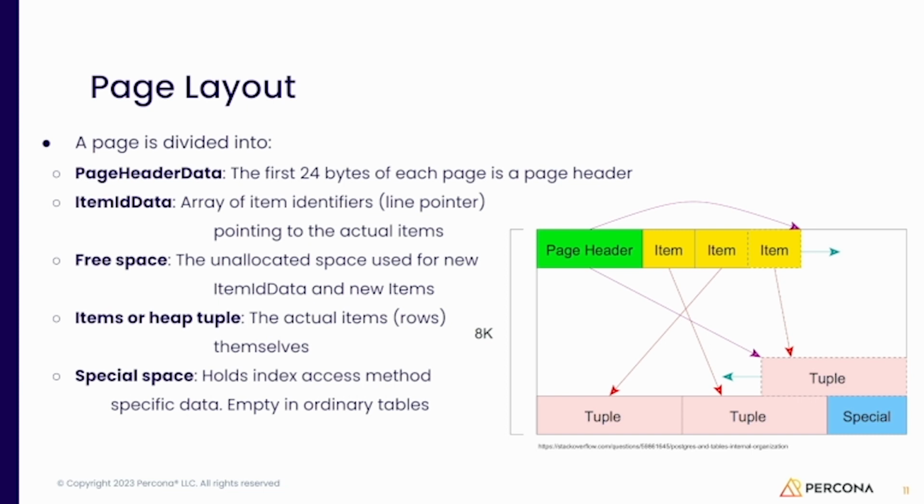This approach helps with one optimization that Postgres has, they call HOT, heap only tuple. So what happens when we do an update on the database? Postgres doesn't change the data on the spot.